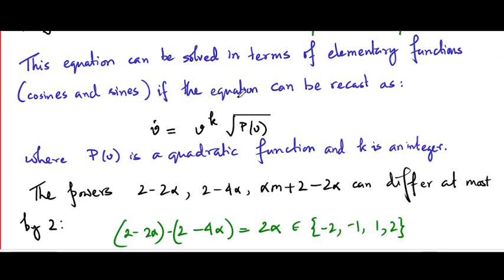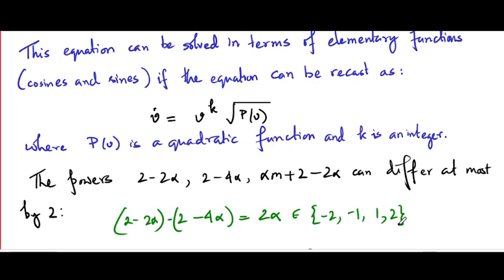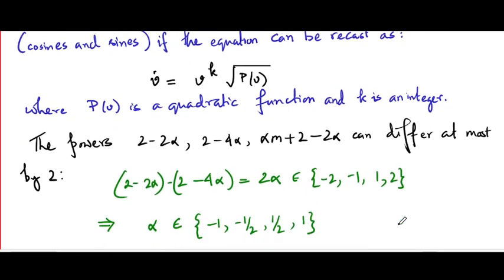Note that the difference of these two numbers, 2 minus 2 alpha and 2 minus 4 alpha, which is 2 alpha, can only be minus 2, minus 1, 1 or 2. That comes from the fact that the difference is at most 2 and 0 is not allowed, because alpha equals 0 would simply mean that you are substituting a constant, r to the power 0, which is of course not a valid substitution. So alpha has one of these four values: minus 1, minus half, half or 1.